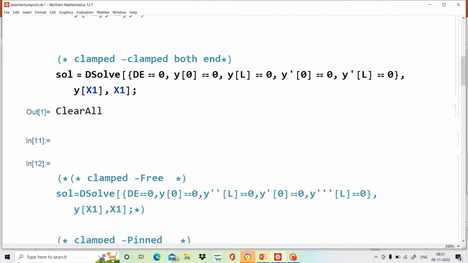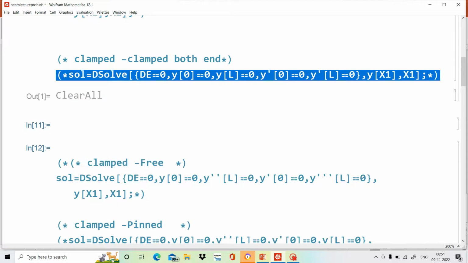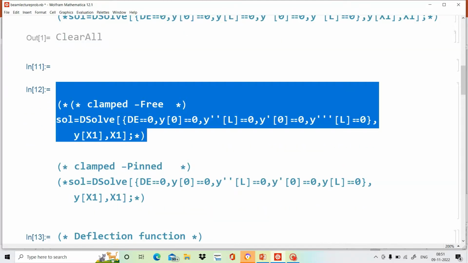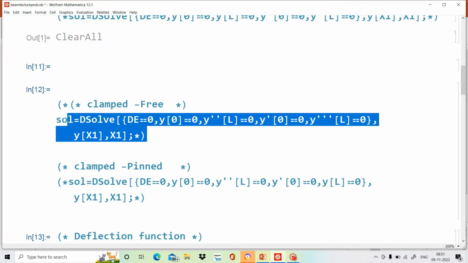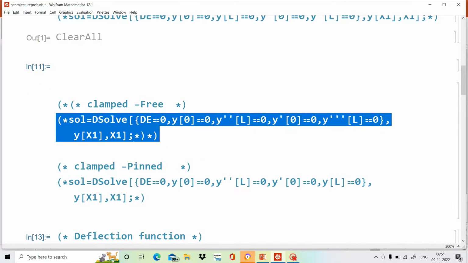Now we will see another case, the clamped and free condition. Before that we have to comment out this case.